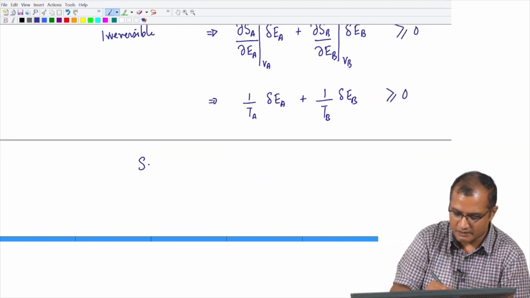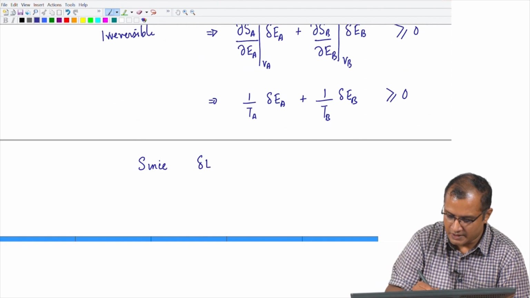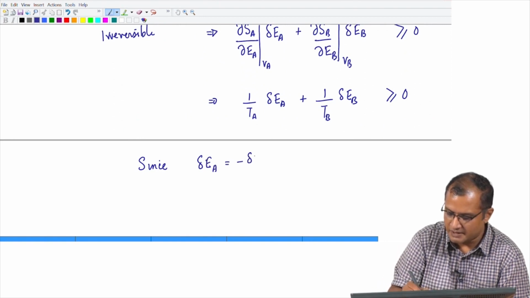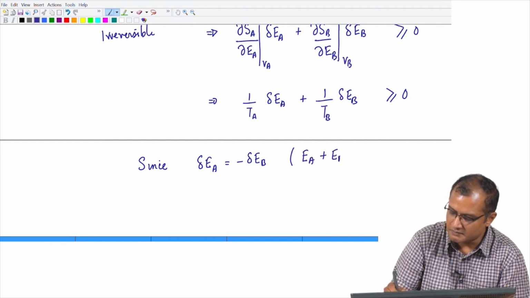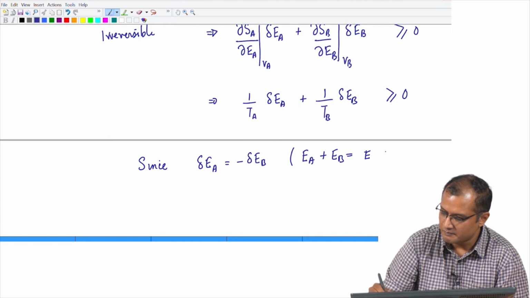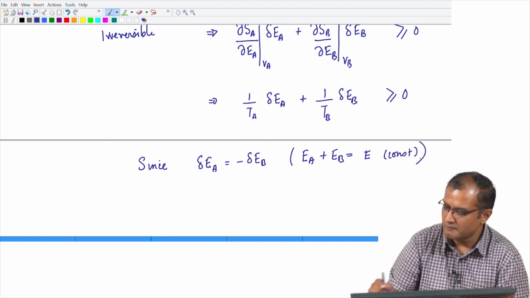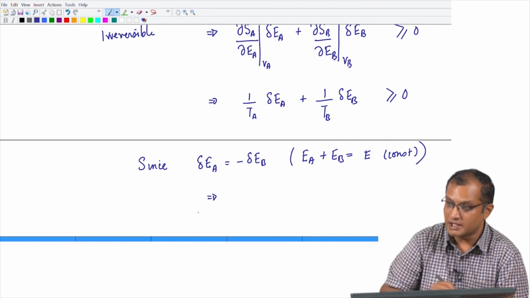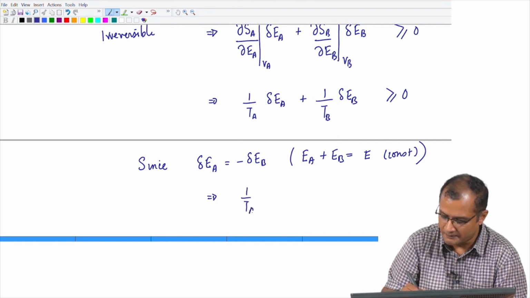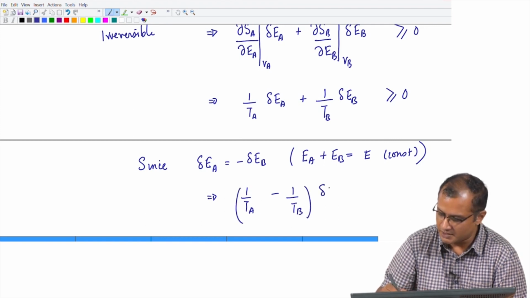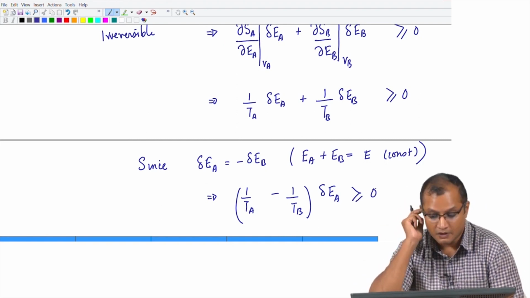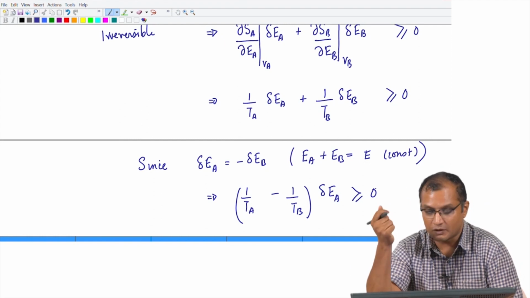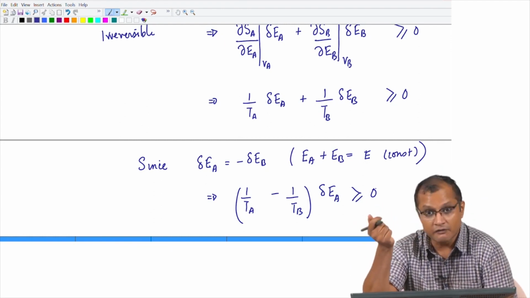And since delta E A is equal to minus delta E B, that is because E A plus E B is constant, you can rewrite this inequality as 1 upon T A minus 1 upon T B into delta E A greater than or equal to 0. Now, this is the beauty of the second law, that it gives you the direction of heat flow.